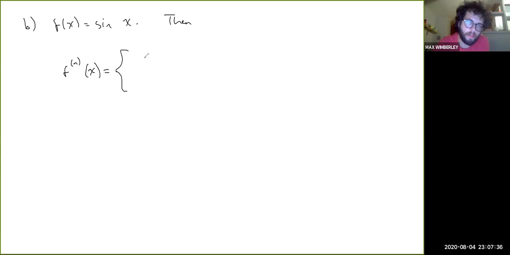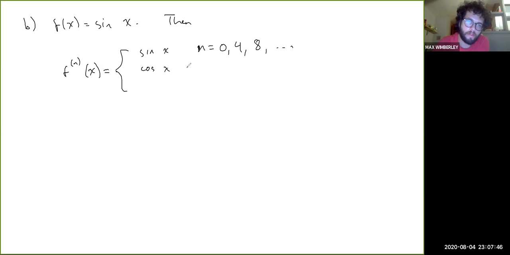Let's look at another. So let's say f of x is sine of x. Then f^(n)(x), as we know, is sine of x for n equals 0, 4, 8, and so on.